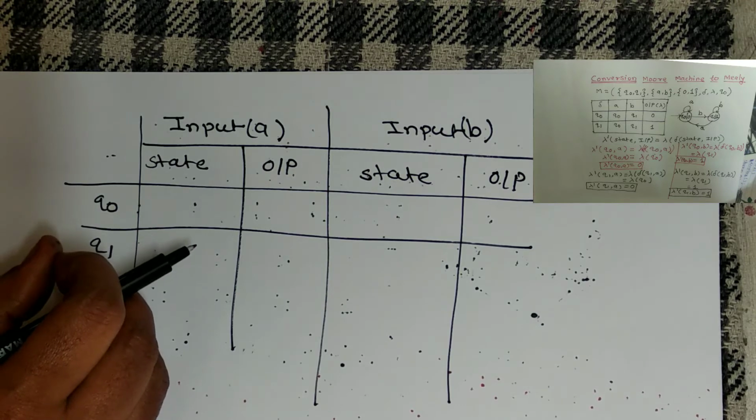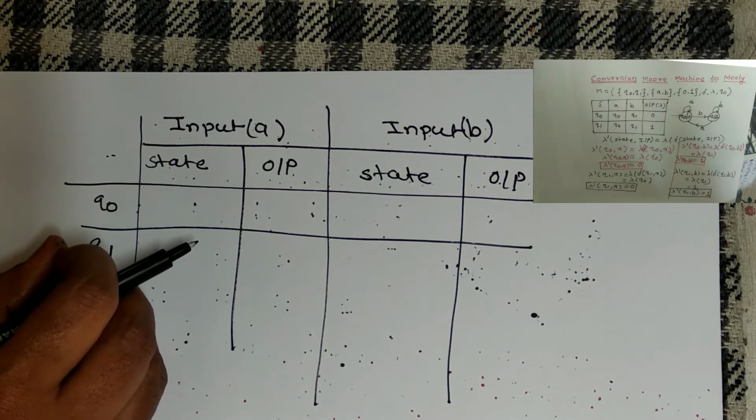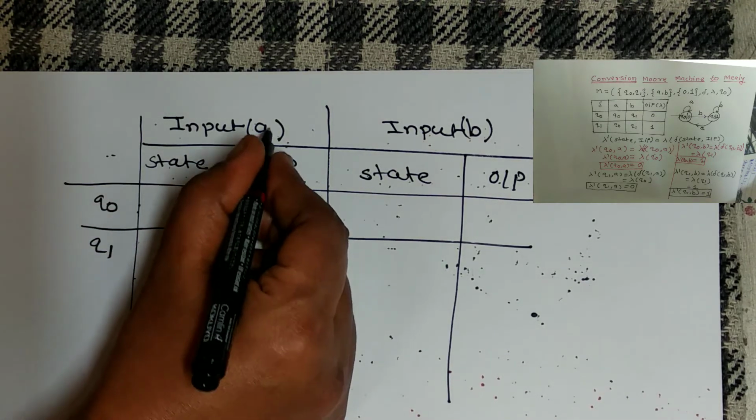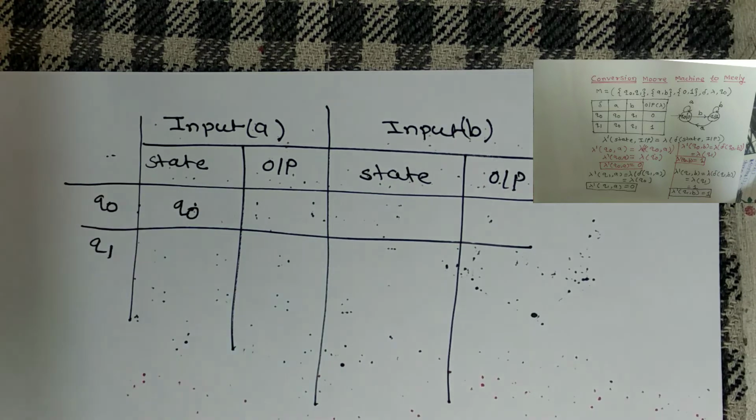From the diagram displayed in the corner, we can refer to Q0's input A. Q0 on input A gives the output as 0. See the first rectangle drawn, the first result that we got. So, Q0 over the input A, we can write Q0 and output as 0.